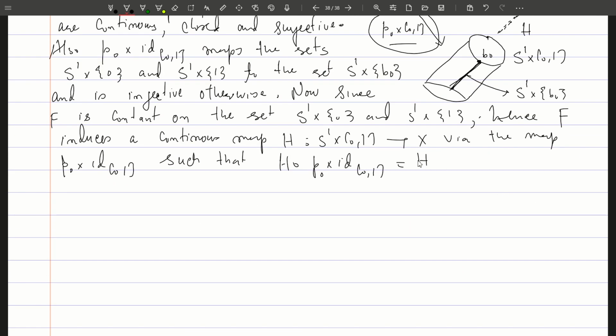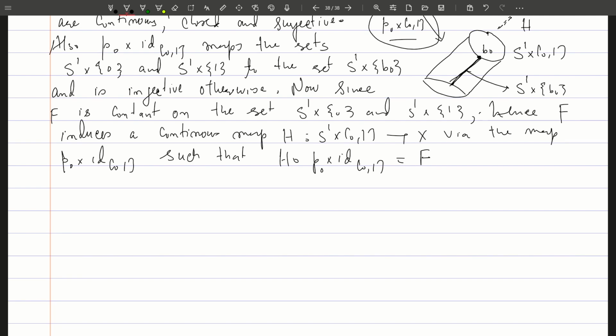Now this is the map f over here. So we'll prove that this h serves as a homotopy between the map small h and the constant map.